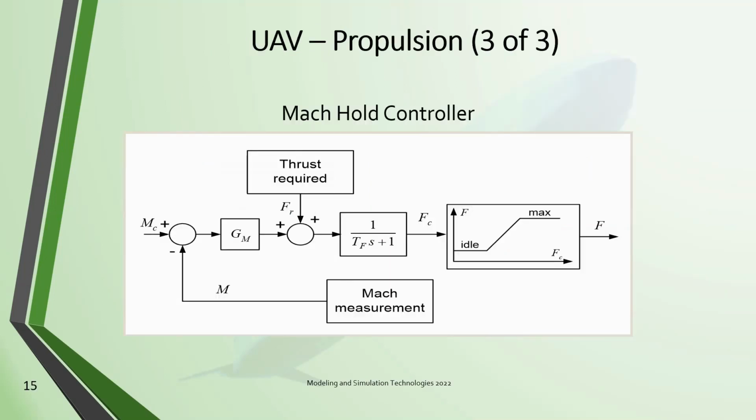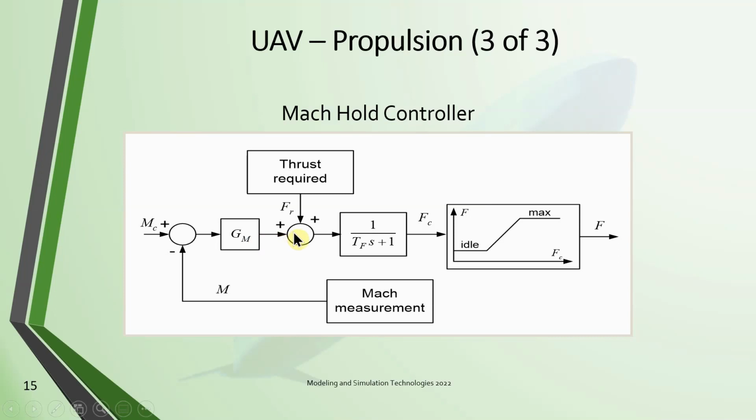In order to cruise at a constant Mach number, we need a Mach hold controller. Well, we have a Mach number required, let's say 0.7. That is compared with the actual Mach number measured. It goes through a gain, GM.